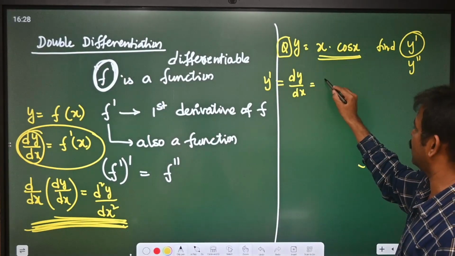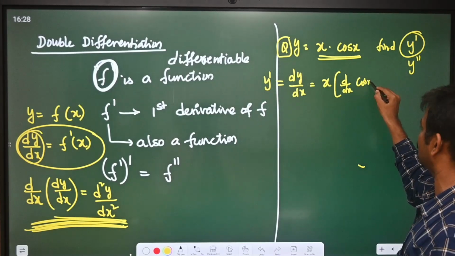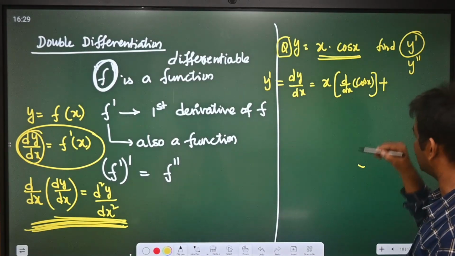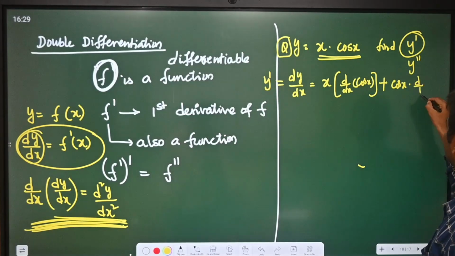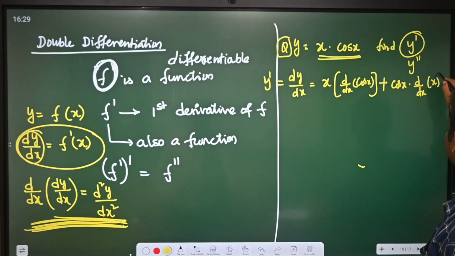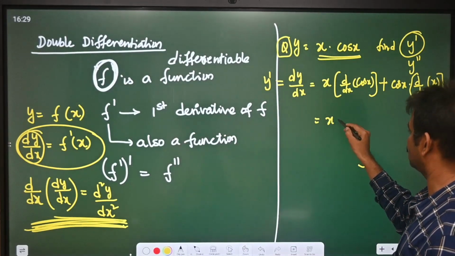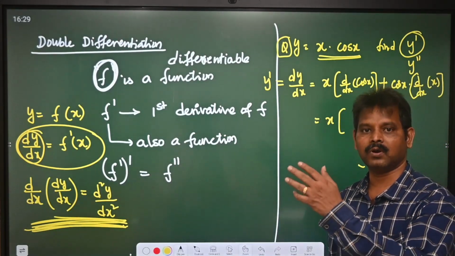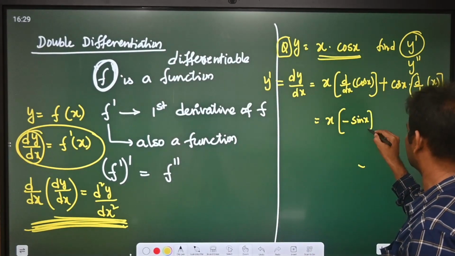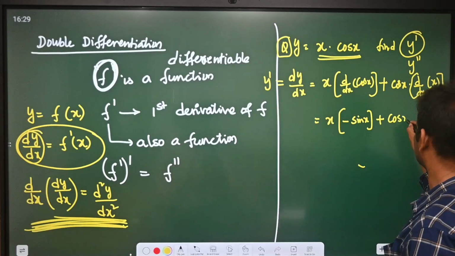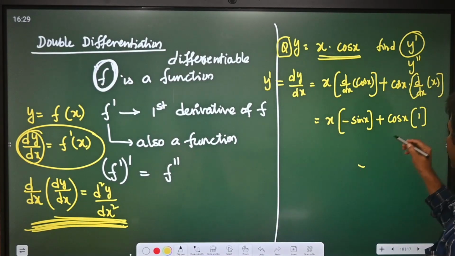So for the uv formula: x into d by dx of cos x plus cos x into d by dx of x. Now you can write x into the derivative of cos x, which is minus sin x, plus cos x. The derivative of x with respect to x is equal to 1.